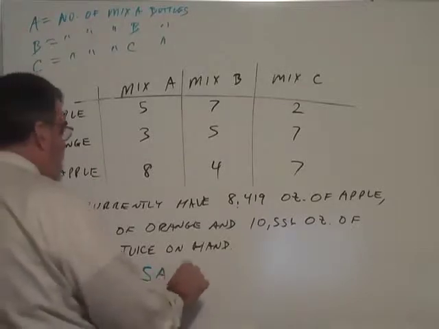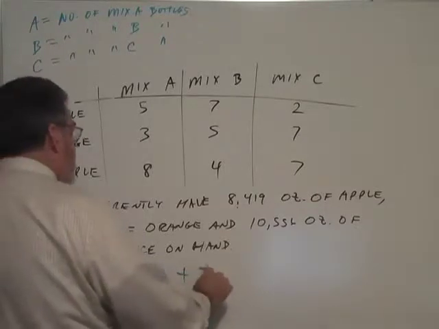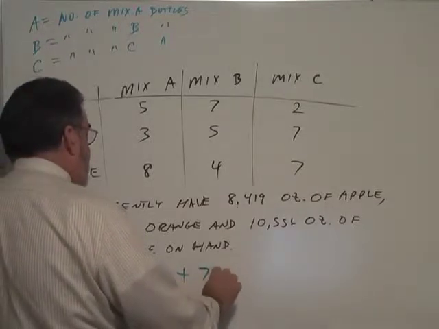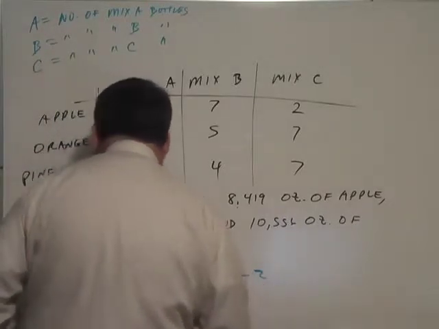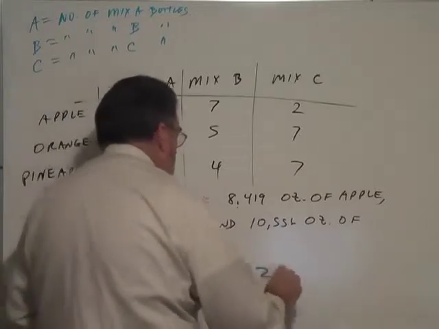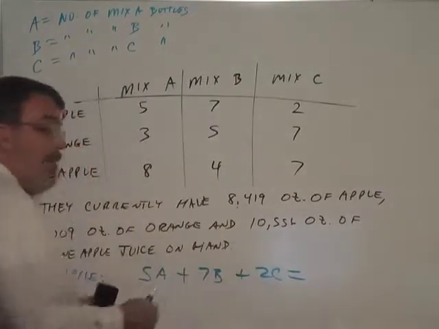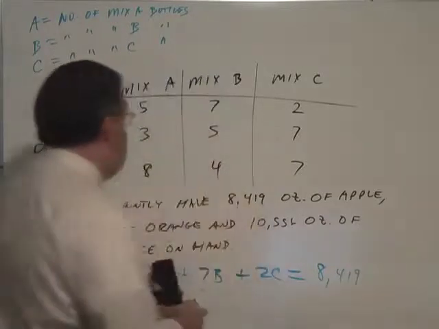And then for each bottle of B that we mix up, that contains 7 ounces of apple juice. And for each bottle of C, there are 2 ounces of apple juice. So this is all apple juice. It adds up to 8,419.